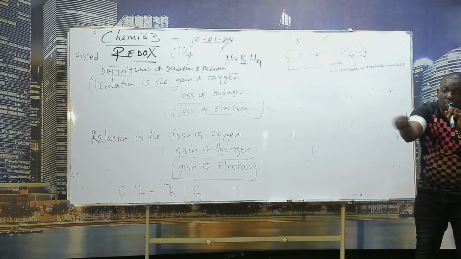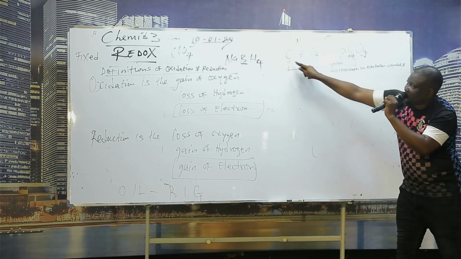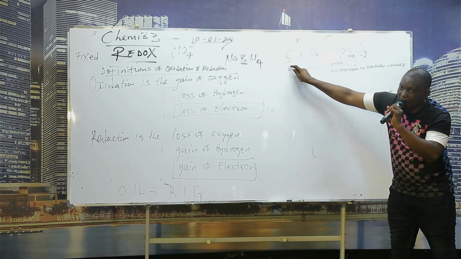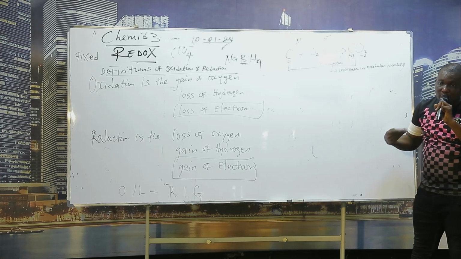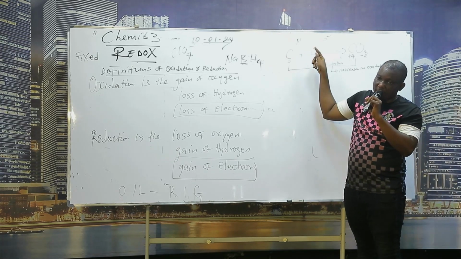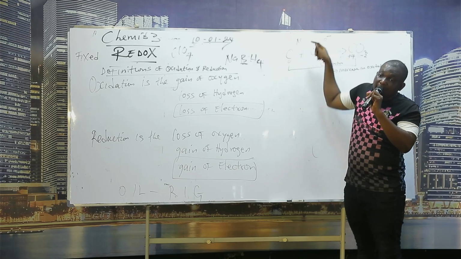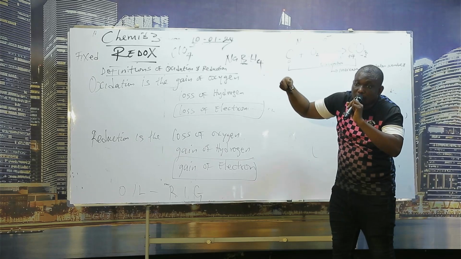So the sum of the two will be what? 0. But that has affected this carbon now. Here carbon is 0, but here carbon is what? +4. This is oxidation. It is 0 before it gains oxygen. Now, after gaining oxygen, the oxidation state of carbon has changed from what to what?